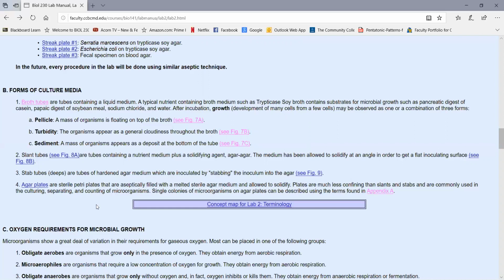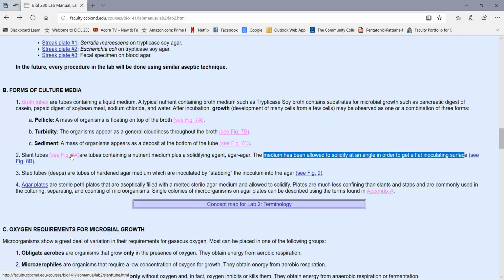Now, a second form of culture medium is called a slant tube. And these are tubes containing a nutrient medium plus a solidifying agent called agar-agar. And this is a medium that melts when you heat it, but then solidifies when you allow it to cool. So in this case, the medium has been allowed to solidify at an angle in order to get a flat surface for inoculating bacteria.